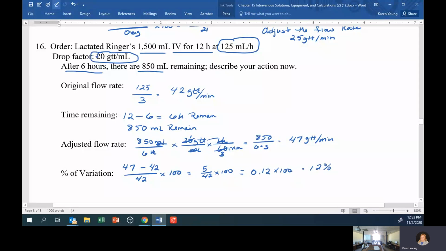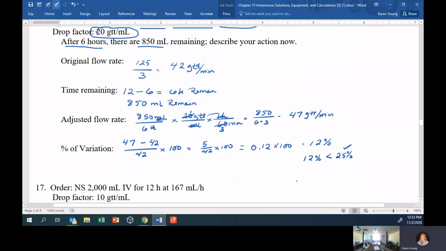So since my 12% is less than my 25%, then I can adjust my flow rate. So what I'm going to do is adjust the flow rate to my new flow rate, which is 47 drops per minute.